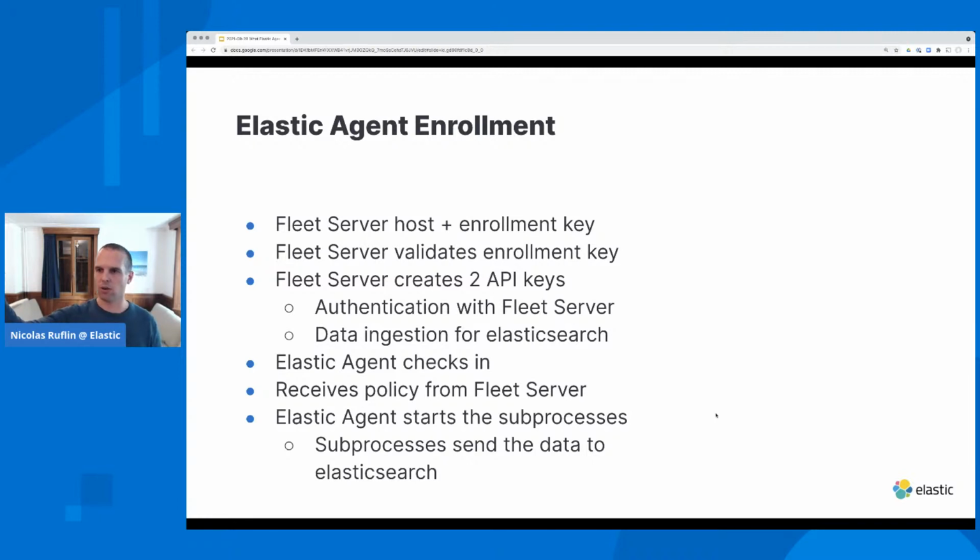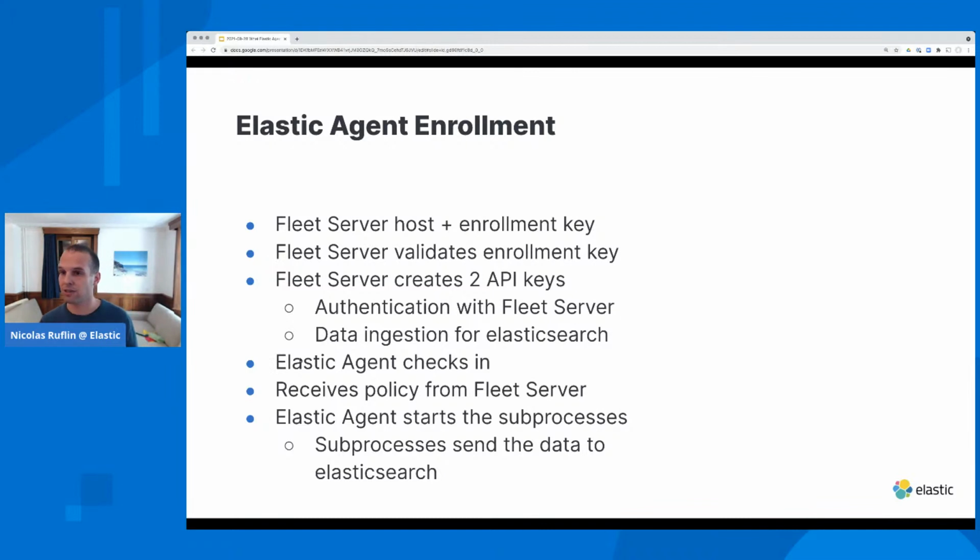Fleet Server talks to Elasticsearch and asks, is that a valid enrollment token? If yes, the Fleet Server creates the 2 API keys I mentioned before, one for authentication, one for data ingestion into Elasticsearch. I'll get to the permissions on these keys later on. The short answer for the first one is it has literally 0 permissions, except talking to Fleet Server.